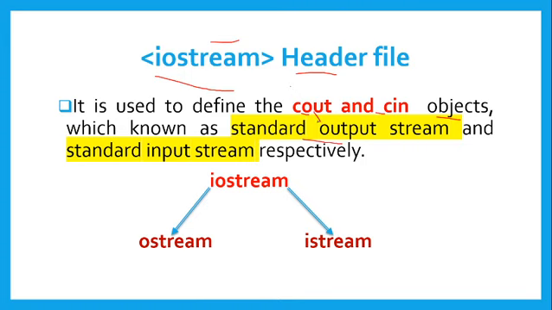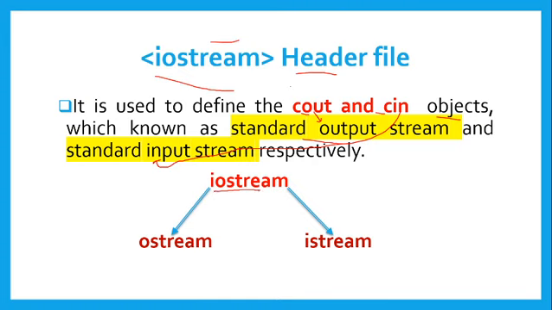Cout is known as the standard output stream and cin is known as the standard input stream. Cout, a standard output stream; cin, a standard input stream. This is defined in the iostream header file.